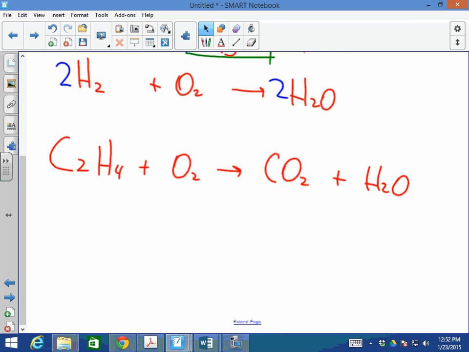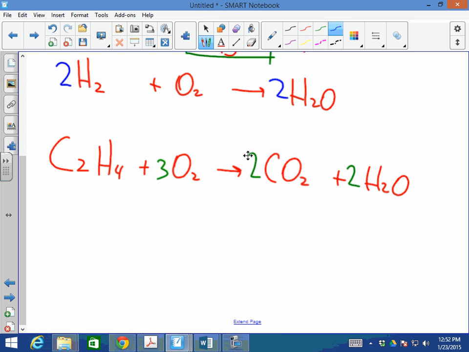Let's balance this equation. I have 2 C's on my left, 1 C on my right. Okay, let's continue. I have 4 H's on my left, 2 H's on my right. So C is good, H is good. My oxygens, I have 2 on my left, and I have 2 times 2, 4, and 2, 6. Let's do a 3 over here. Now the equation is balanced.